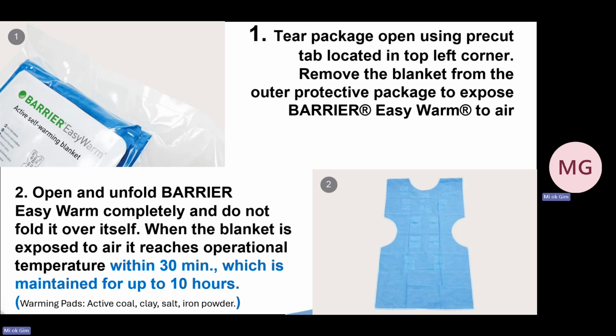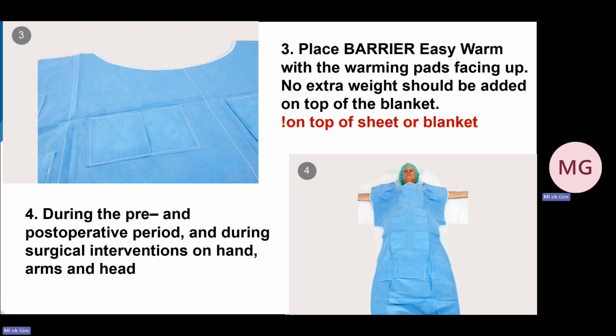There are around 10 to 12 pockets there that contain warming pads, which are salt and iron powder, and that lasts for 10 hours. So it will help the patients maintain warmth for 10 hours.